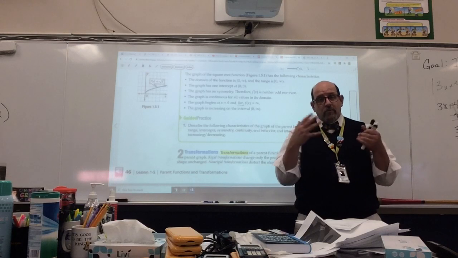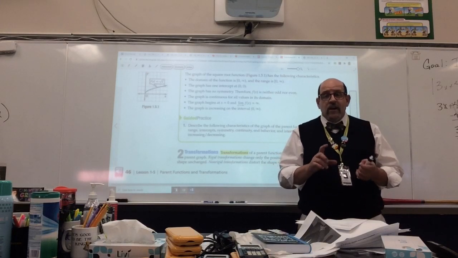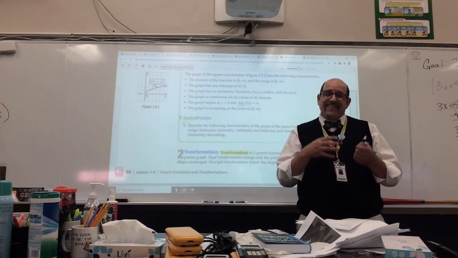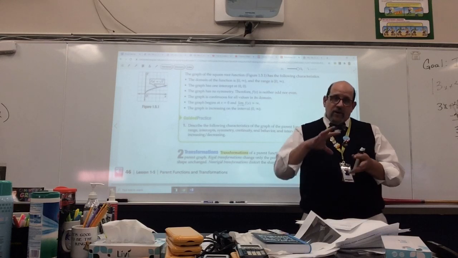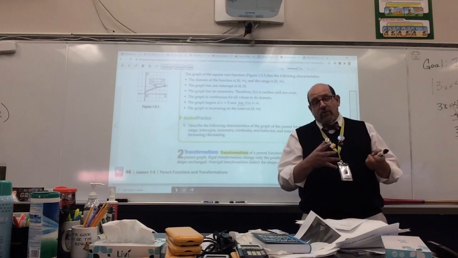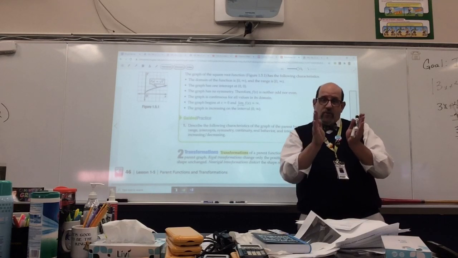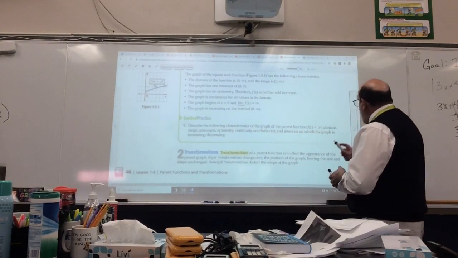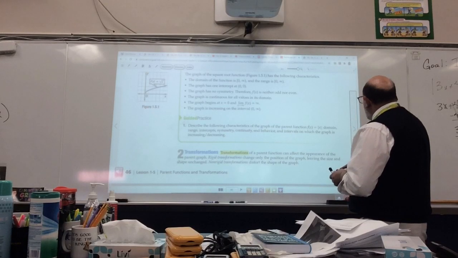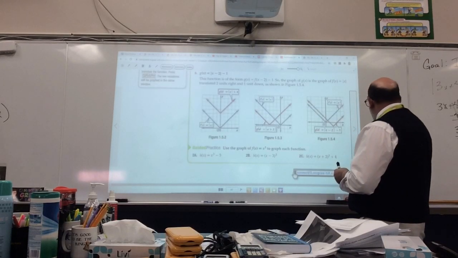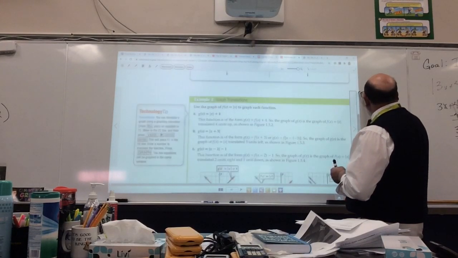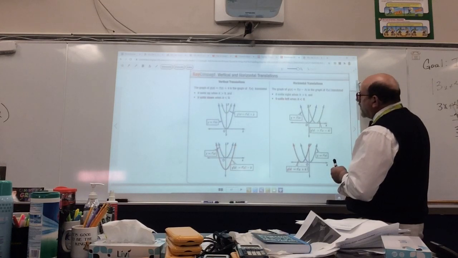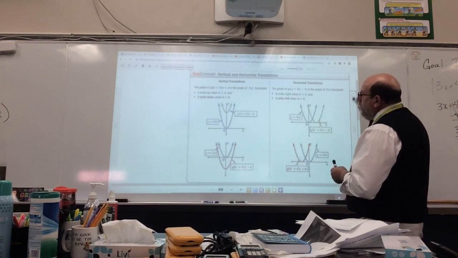And when it comes to non-rigid transformations, the shape doesn't look exactly the same. We've used the general same shape, but we've tweaked it in some way. All right? And now I'm going to show you what those transformations look like. I'm going to jump way up here to the top of the page to show some vertical translations.